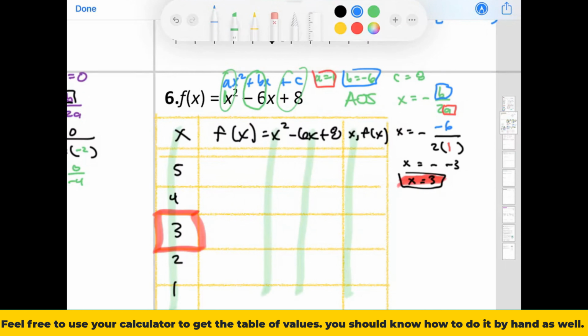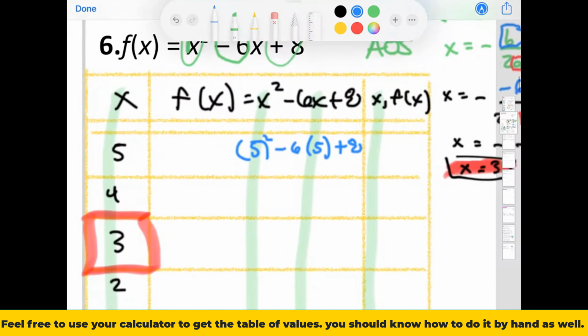Okay, so x value is 5. So 5 squared is 25 minus 30 plus 8. So -5 plus 8 is 3 is my answer. The x value you put in there is 5. 5 comma 3 is our answer.